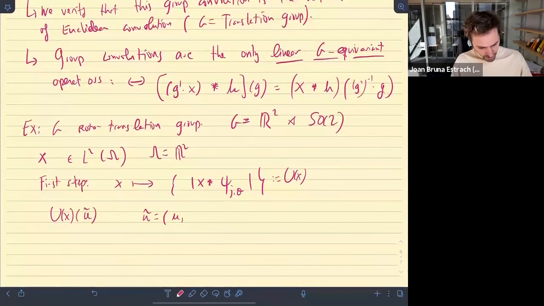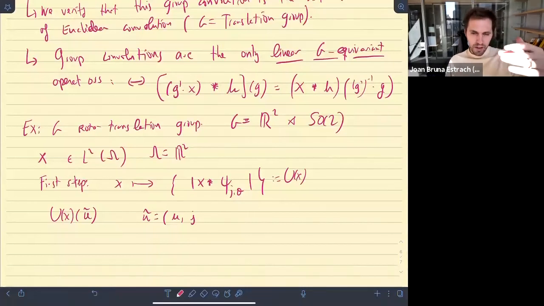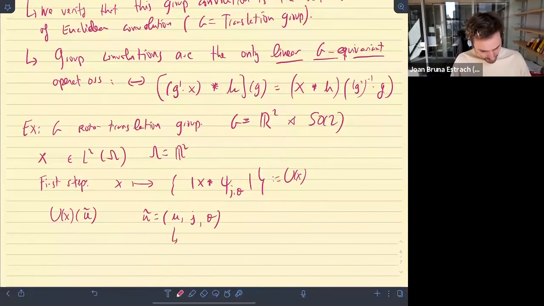This is the previous spatial coordinate. Then I have the scale of the wavelet, that is indexing the different channel, and the same thing, the orientation. So this is the spatial coordinate, this is the scale, and this is the angle.